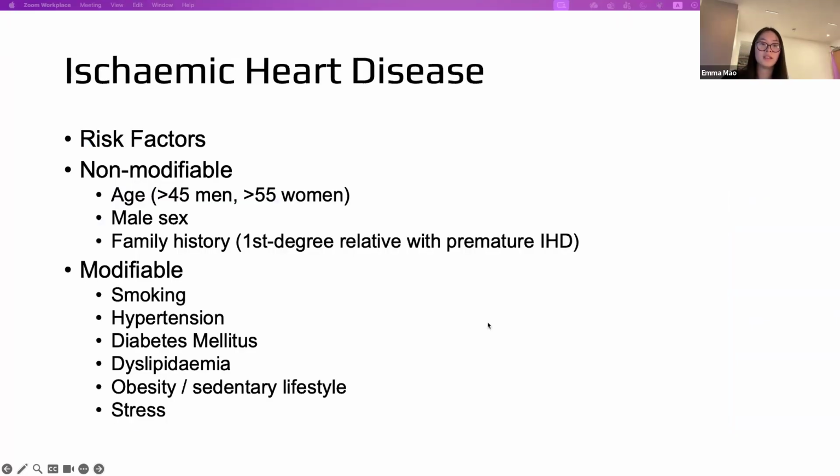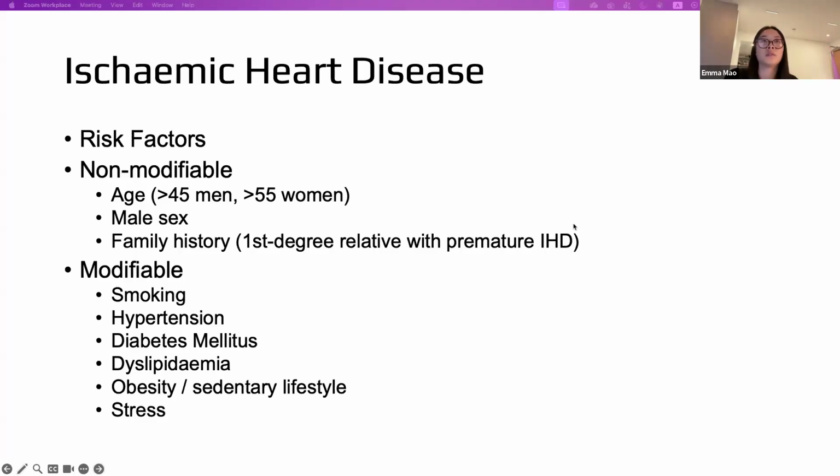Okay, and then let's go on to ischemic heart disease. So risk factors for ischemic heart disease include the non-modifiable ones, so men are more likely to have it, age, so older people as well, and then family history. So first degree relative with premature ischemic heart disease.